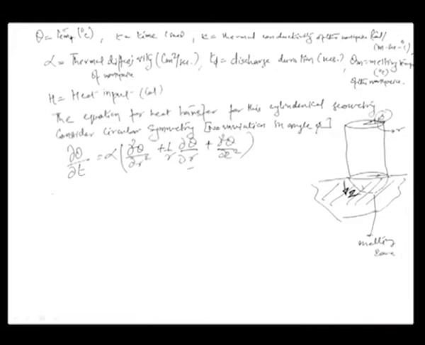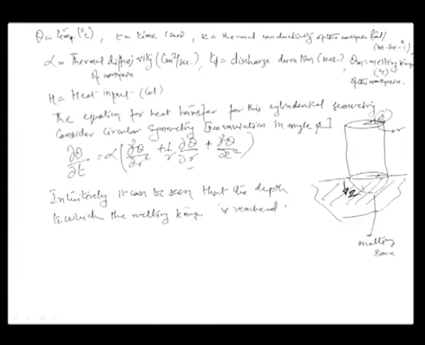So intuitively, it can be seen that the depth to which the melting temperature is reached would be maximum at the center, considering that it produces a hemispherical crater.